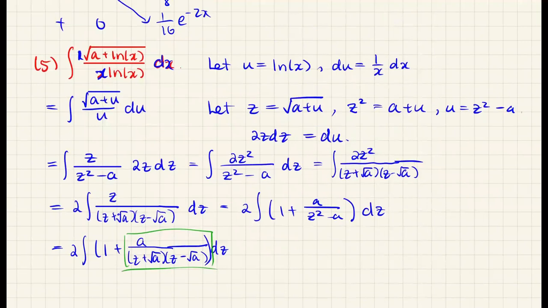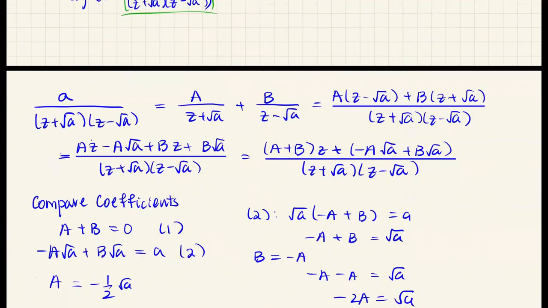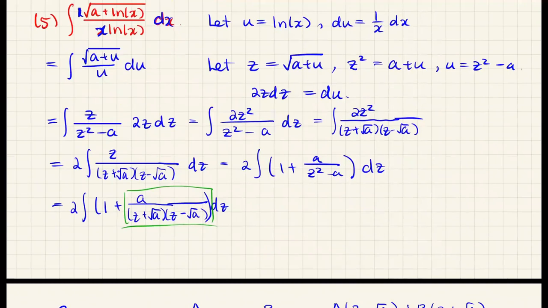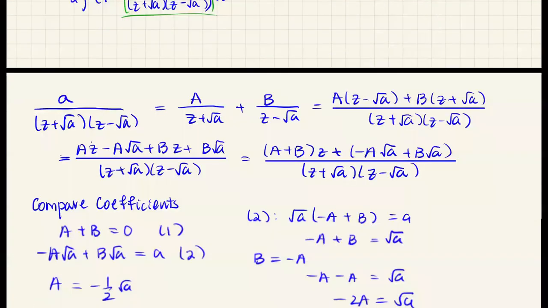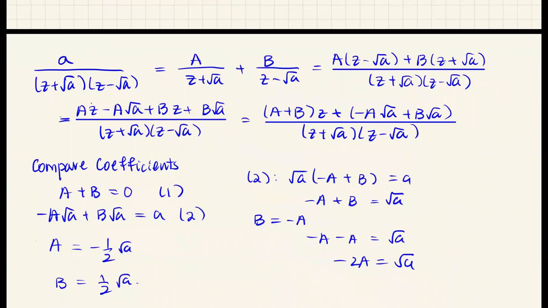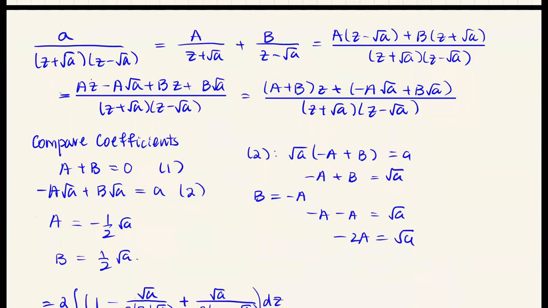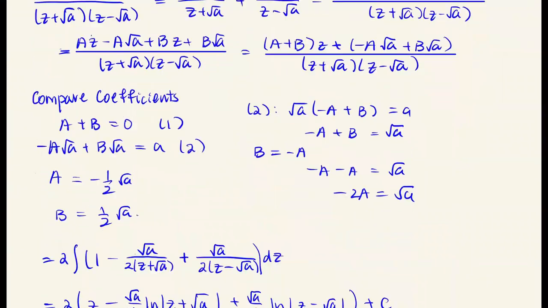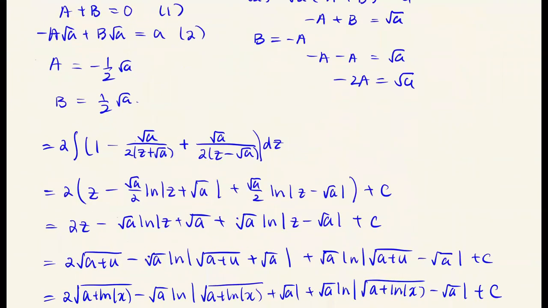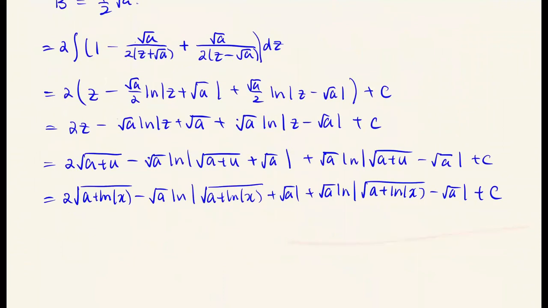The steps that we took to get there: we had to make a double substitution, u and z, and then apply the division to obtain this rational function, apply partial fractions to this part, compare the coefficients, and then integrate, and then simplify it. And that was all for this integral here.